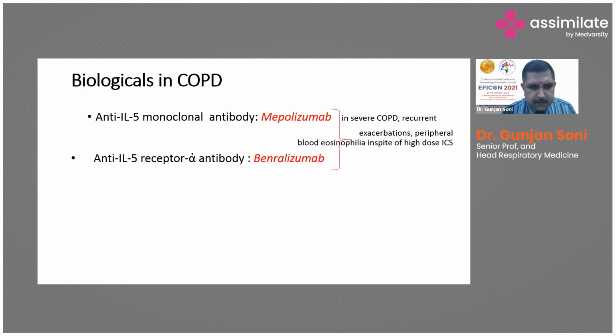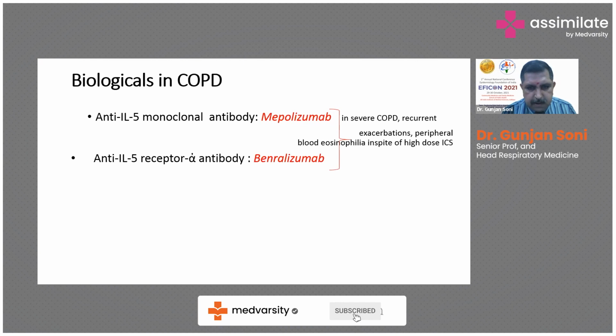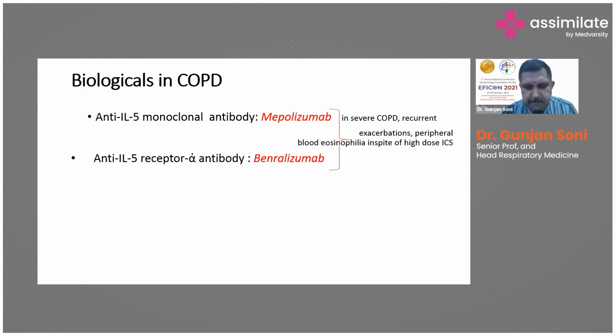Then we can use an interleukin 5 receptor alpha antibody, benralizumab. We can use this in the patient, but this increases the cost of the treatment and it is not easily available everywhere.